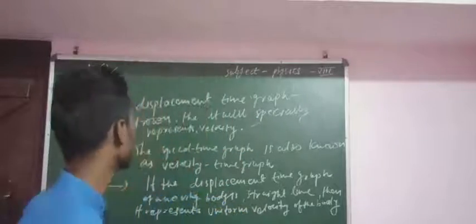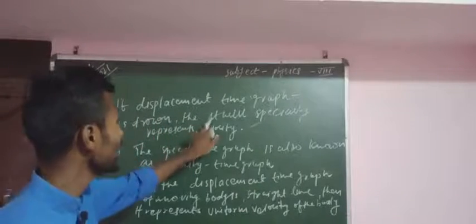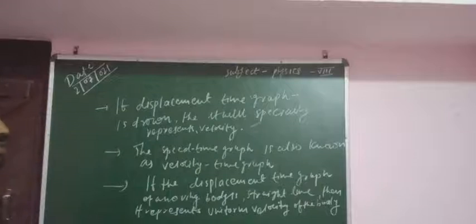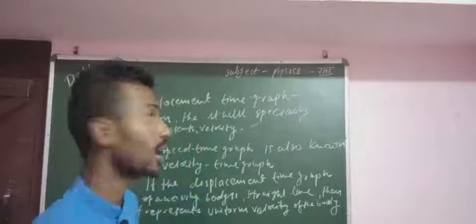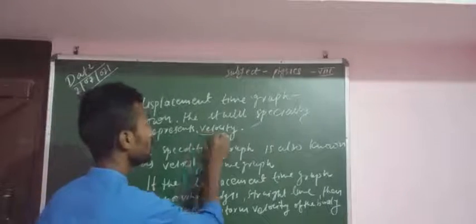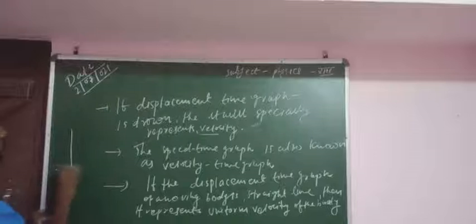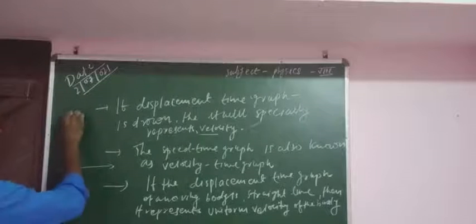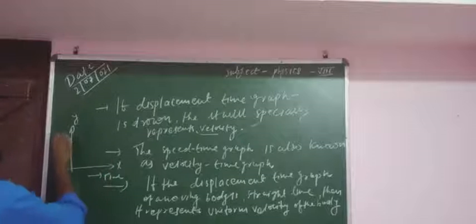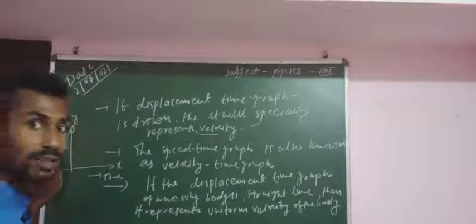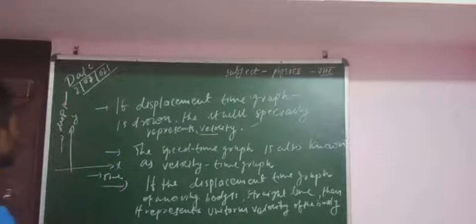Next point is that if a displacement time graph is drawn, then it will especially represent the velocity. As we know that displacement changes with respect to time, so we can say velocity. Suppose the displacement time graph, similar concept, y and x, time and displacement.